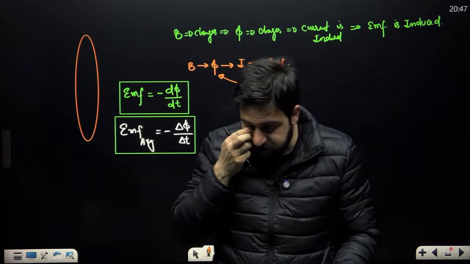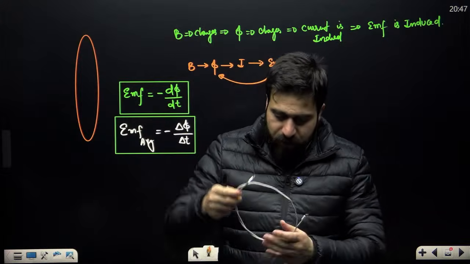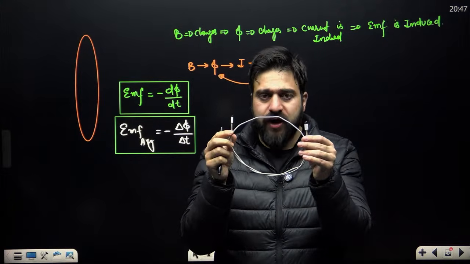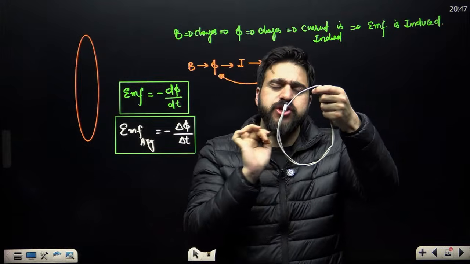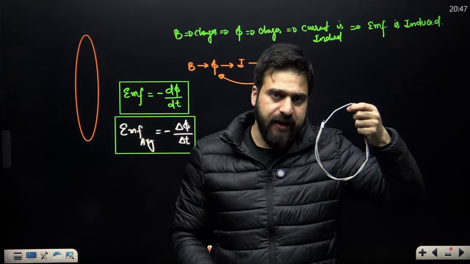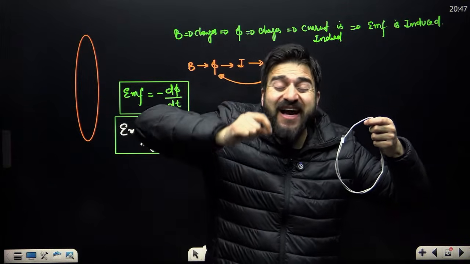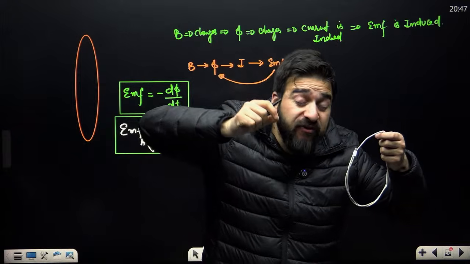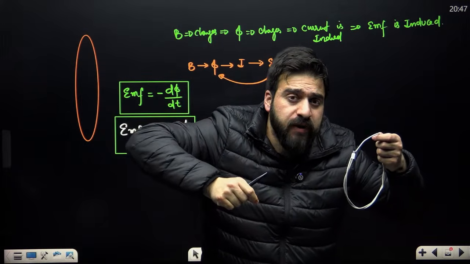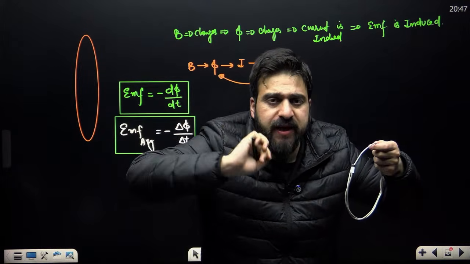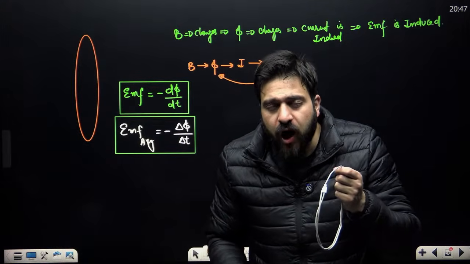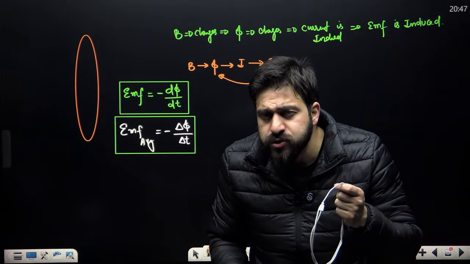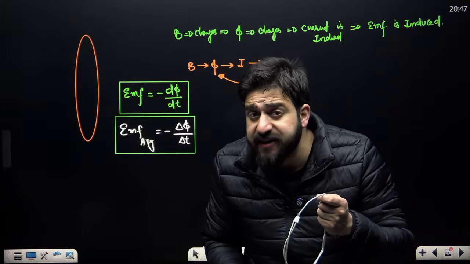Let me give you an example. Let's suppose this is the coil over here. If in this coil the magnetic flux keeps on changing from 9 a.m. to 1 p.m., how much EMF is being induced from 9 a.m. to 1 p.m.? That is the average EMF. Now, how much EMF was produced when the time was exactly 10:30?